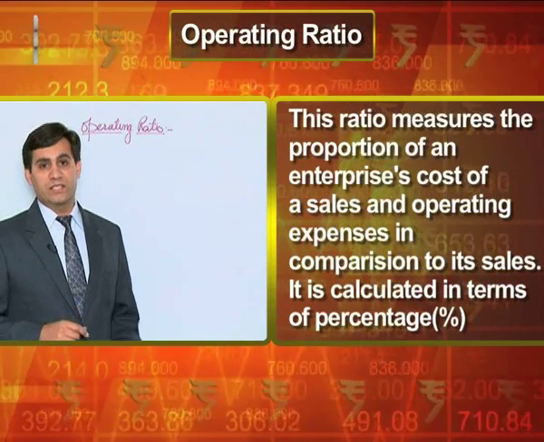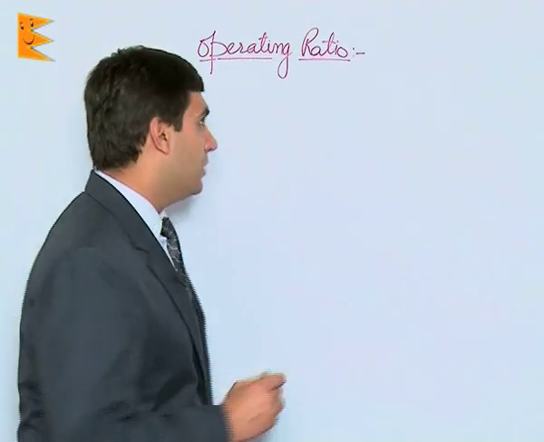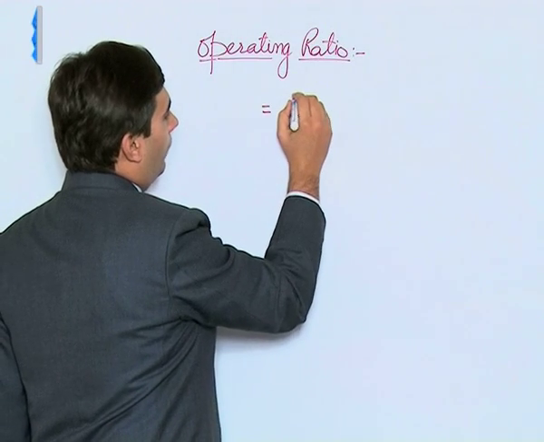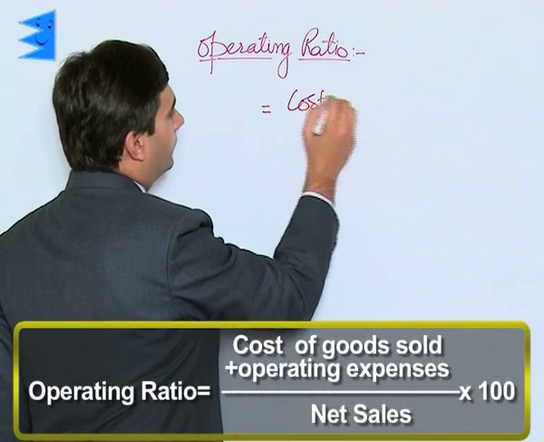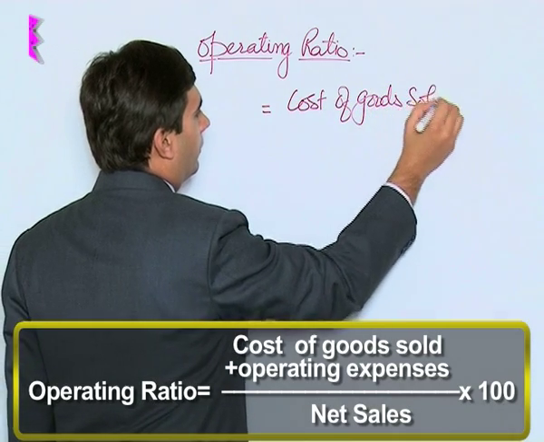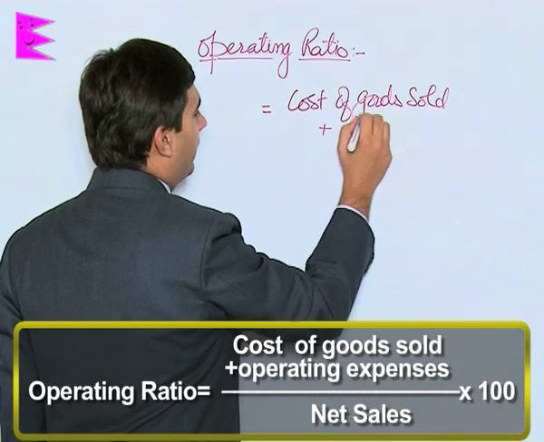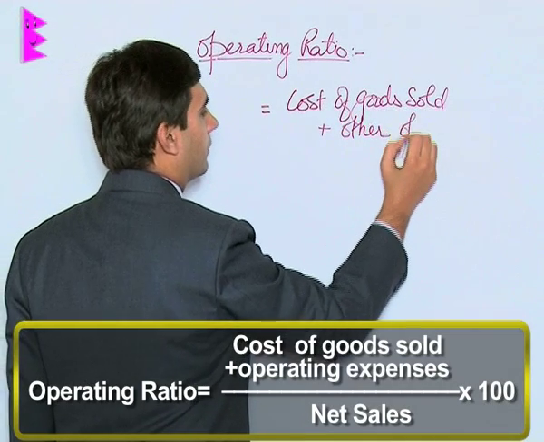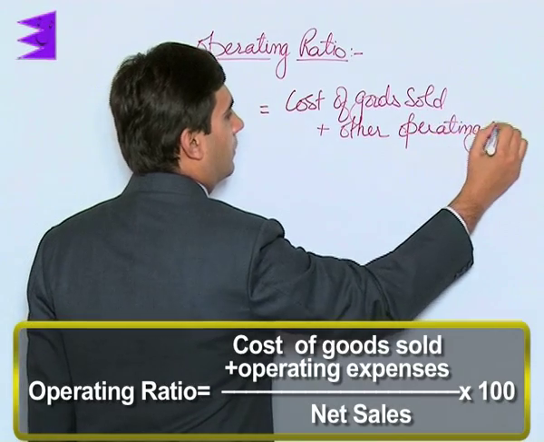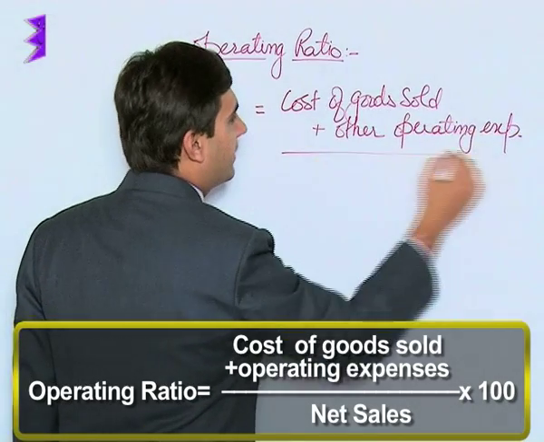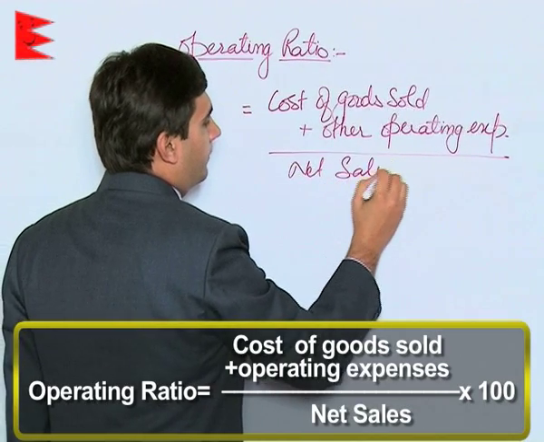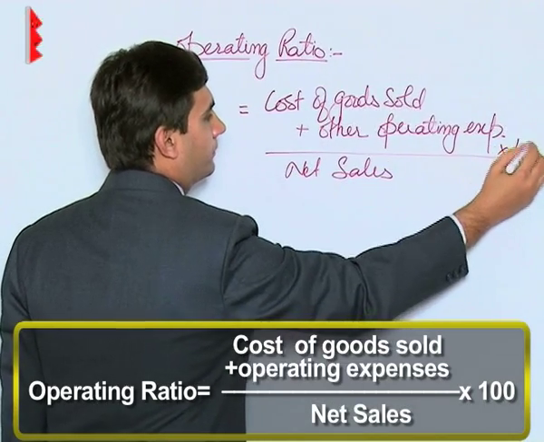for the business. For calculation purposes, operating ratio is equal to cost of goods sold plus other operating expenses upon net sales into 100.